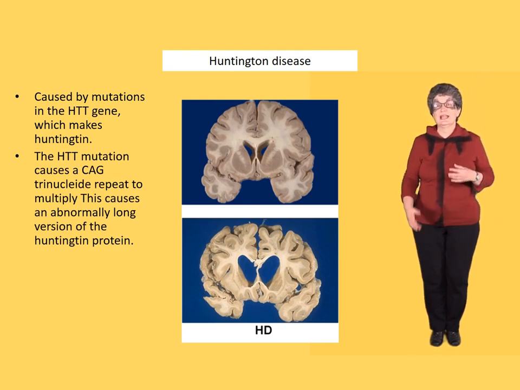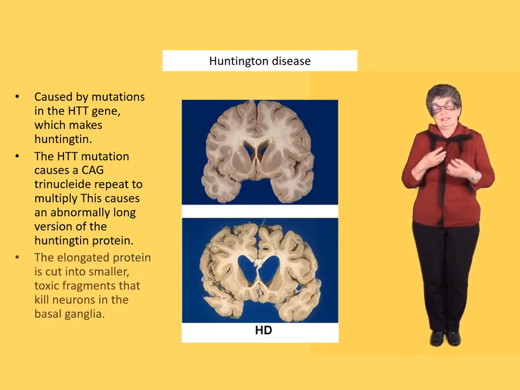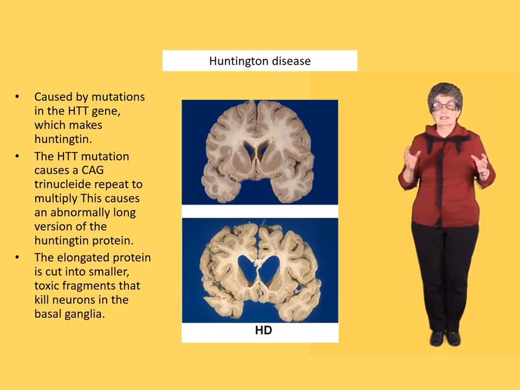This causes an abnormality in the Huntington protein. It gets bigger and bigger. The elongated protein, when it's then digested by the cell, is cut into smaller toxic fragments which kill neurons in the basal ganglia.